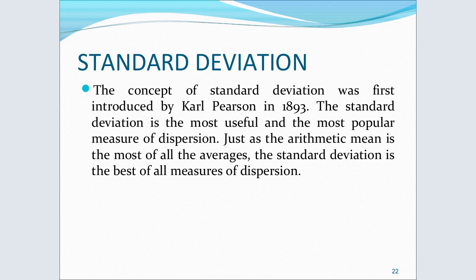So the variance for this data is going to be given by the sum of x minus mean, squared.